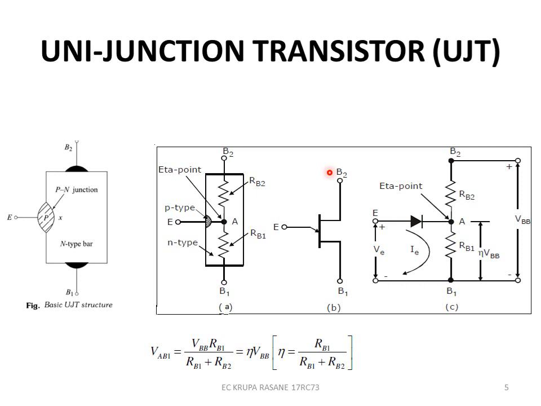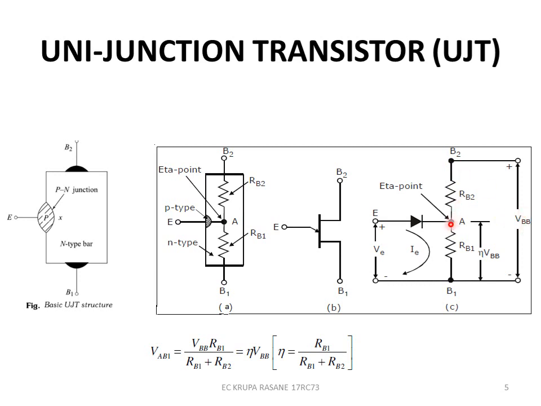If you look further, this PN junction can be equivalently represented as a diode, and we have RB2 and RB1 represented here. Whenever I connect a bias voltage VBB between B2 and B1, a voltage will develop at this point A. That voltage can be found by using the resistance divider network formula.